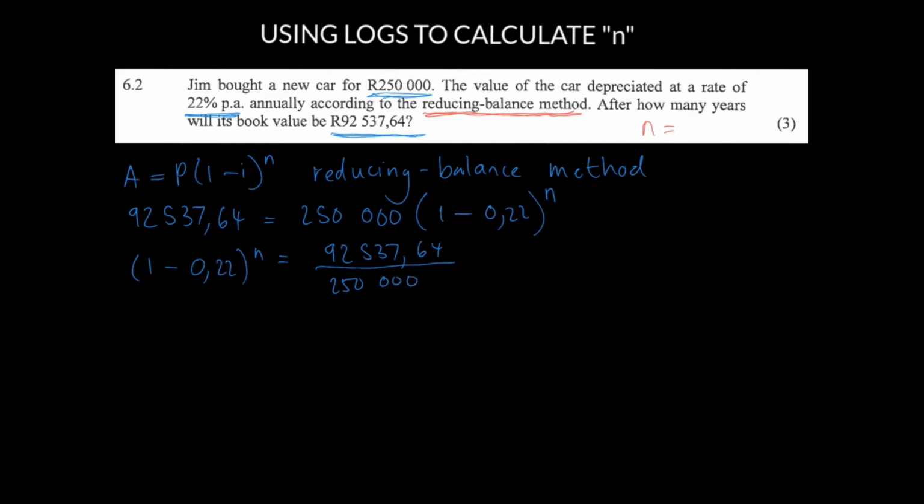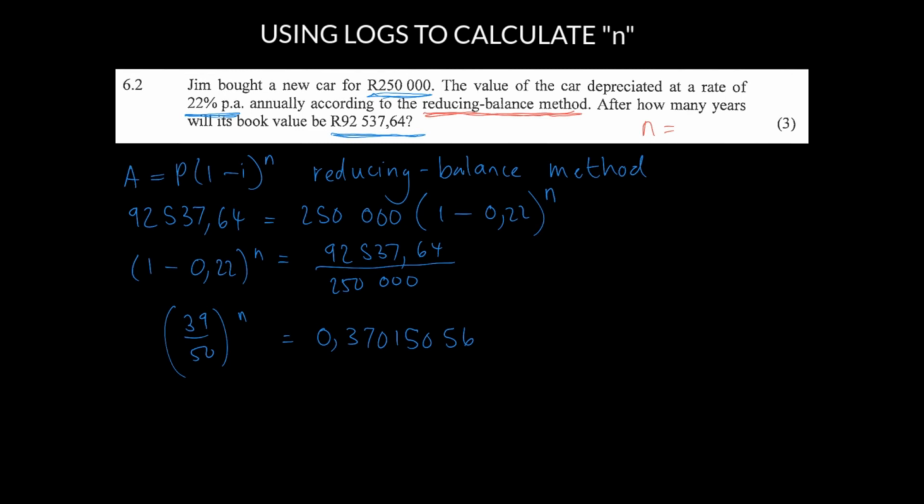In my bracket, if I simplify that, I'm going to end up with a value of 39 over 50 to the power of n. I'm going to simplify what's on the right-hand side as well. That's going to give me 0.37015056. And now I'm going to use logs to calculate the time period.